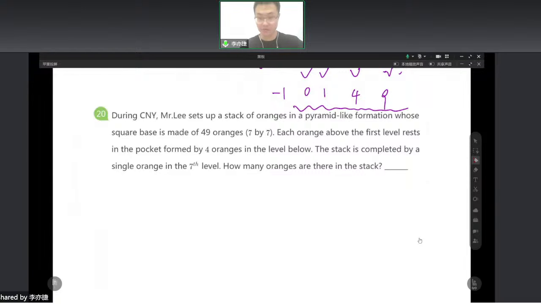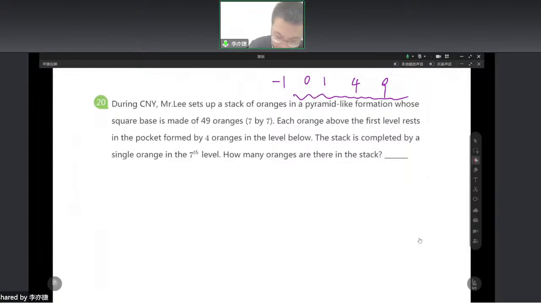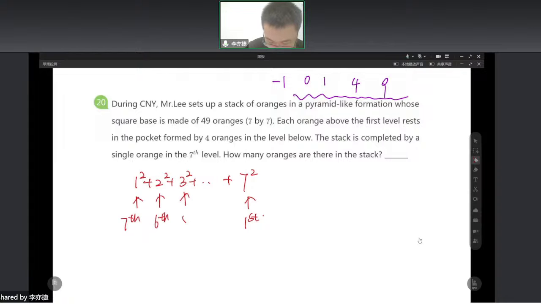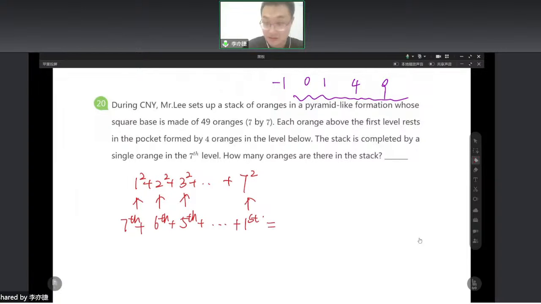I know the meaning of this question. So actually, it's 1 square, 2 square, 3 square to 7 square. The sum of the square numbers because it's the first layer, the second layer, up to the 7th layer, right? I don't know if I understand the question correctly. My English is bad. But I believe it's this one.